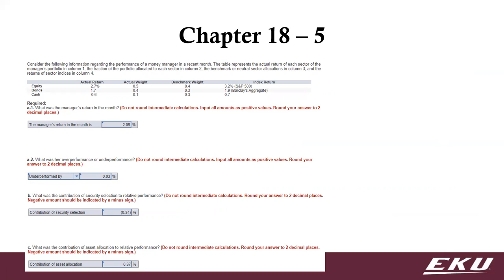This one also has a second slide that's going to have the solution A, B, and C. It's just a little more complex.